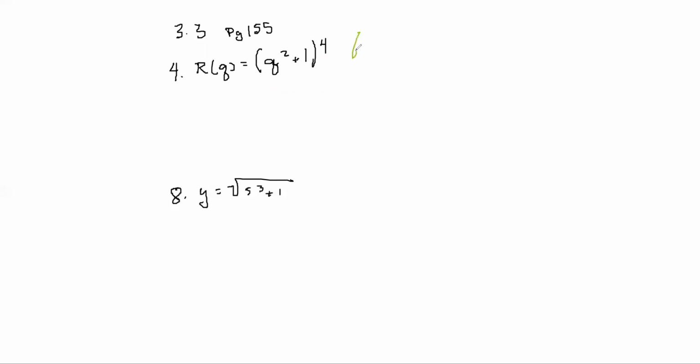In the rule, it says that f of g of x, where g is our inside function and f is our outside function, the derivative is equal to f prime of g of x times g prime of x.